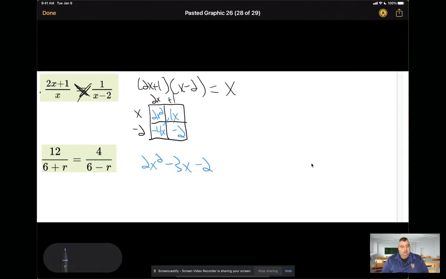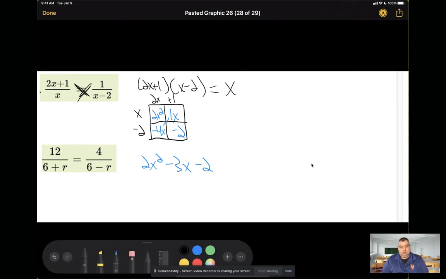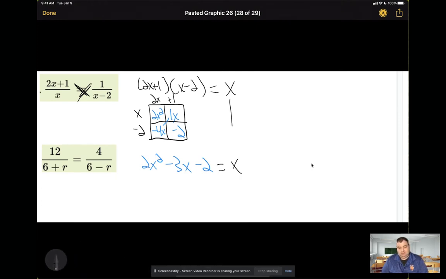Okay, and now I'm just going to set that equal to x because I'm going to bring this down. So this indeed is a quadratic. So to do that, I need to rewrite it so that it says equals 0 at the end, which means I need to subtract x from both sides. So I'm going to subtract x from over here as well.